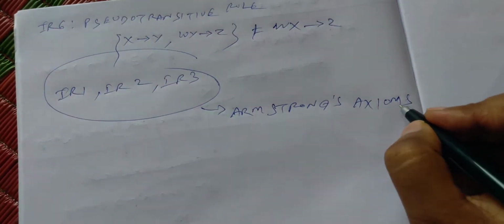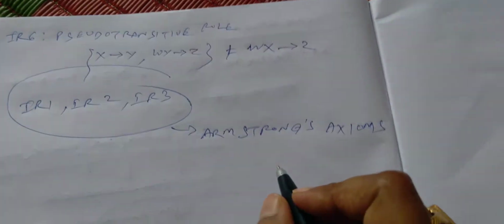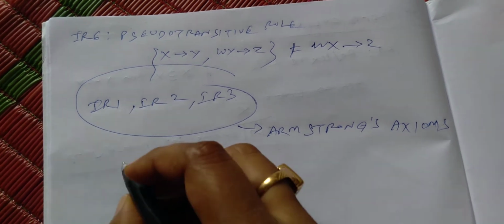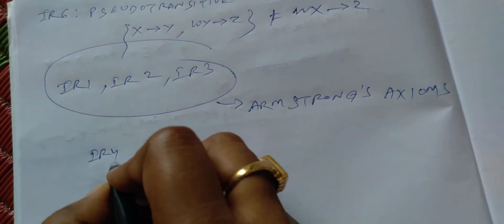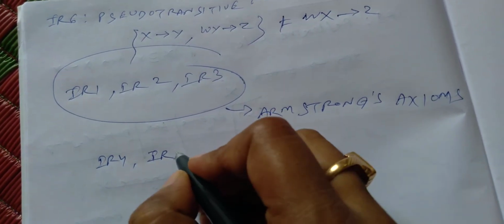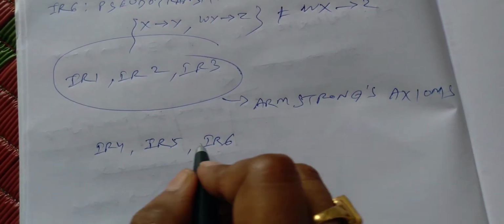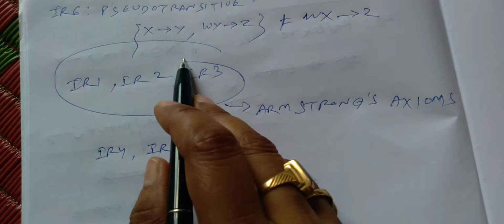Okay, what is this Armstrong axioms? Means Armstrong's rules. Using these 3, you can derive IR4, IR5, IR6. Means the other 3 rules can be derived using these 3.